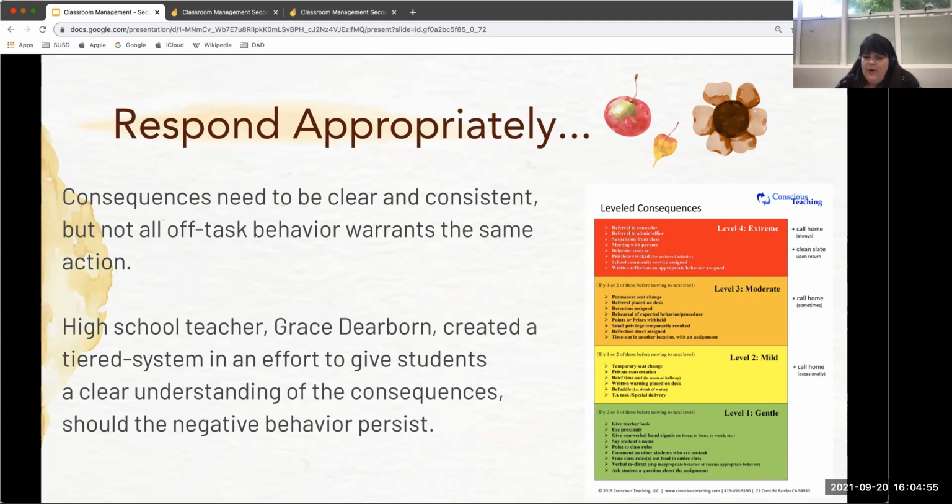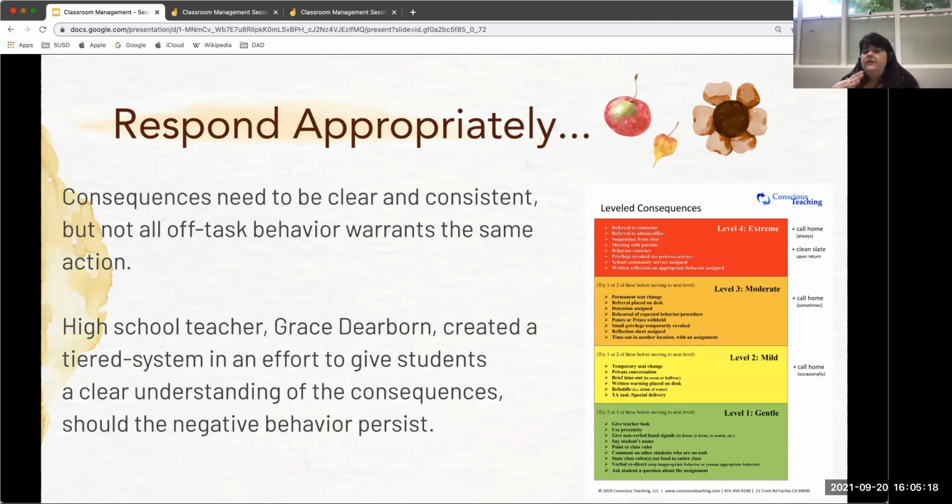But the nonverbal cues, saying a student's name, I'm a big touchy-feely person, and some people hate that, right? So to go stand next to somebody and just be close to them, that's a sign to get on task, or to tap their shoulder. You have to be careful. But anyway, those kinds of things. And then it just escalates.